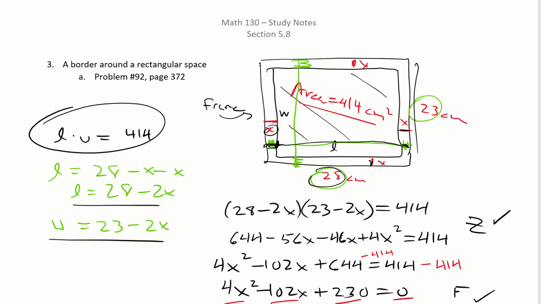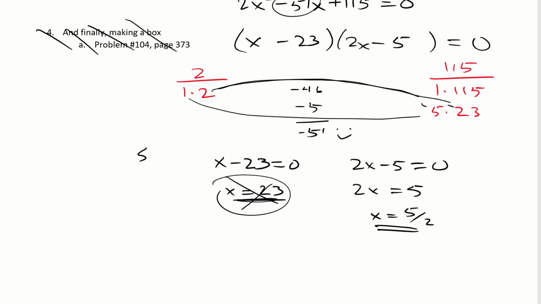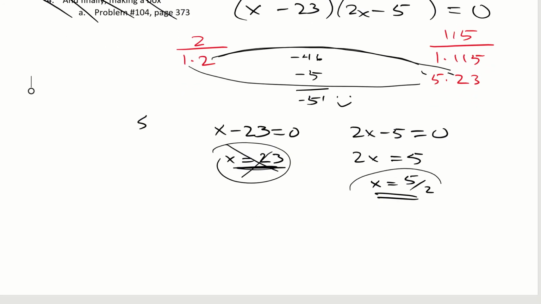It's way too big. It doesn't work. Okay, you understand? Because you'd have a picture frame around the whole thing of 23. But the other answer makes sense, okay? So that's interesting. This is the one that works. So the answer is x is equal to 2.5 centimeters is the width of the frame.